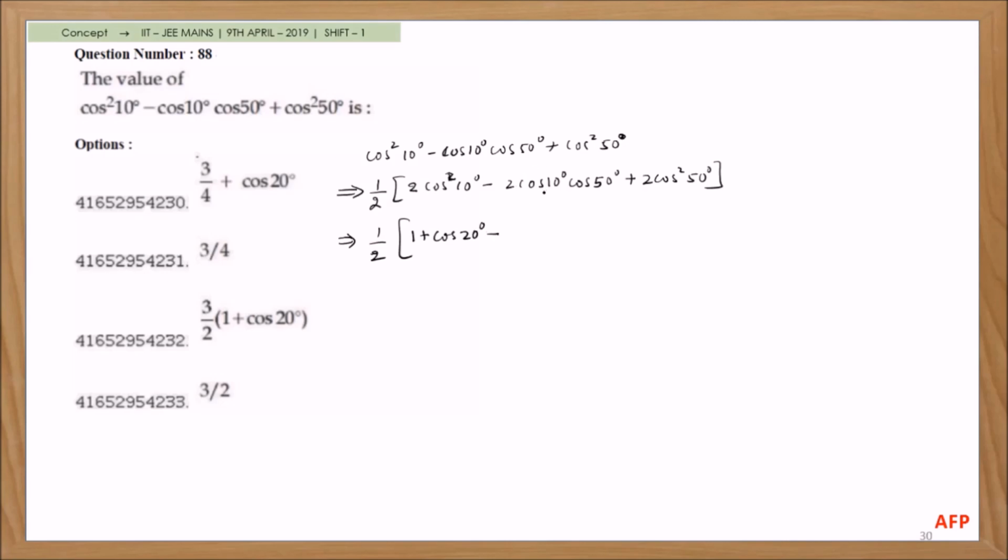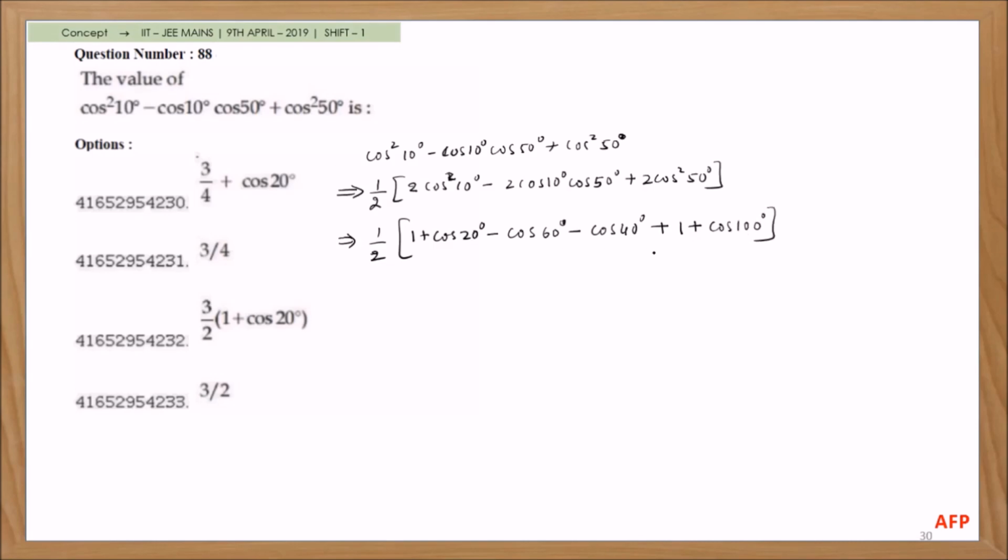So 2 times cos x cos y is nothing but cos, so we can write this as minus: cos of (x plus y) is 60 degrees, so minus, and if you multiply inside, cos of (x minus y) you get 40 degrees, plus this also you can write as 1 plus cos 100 degrees.